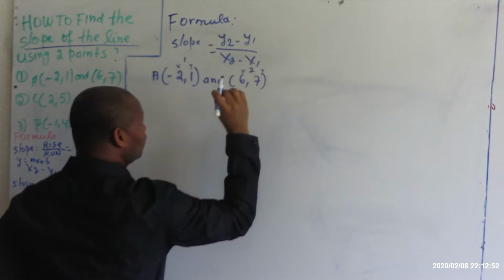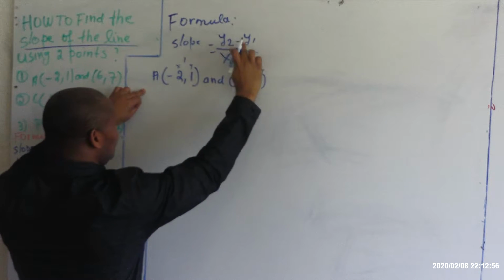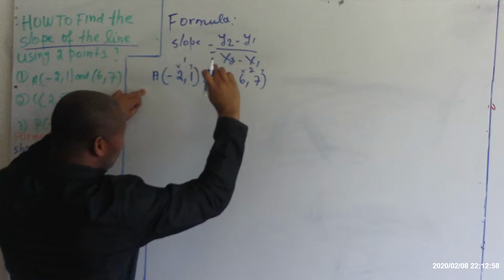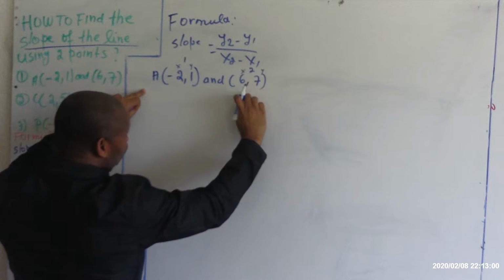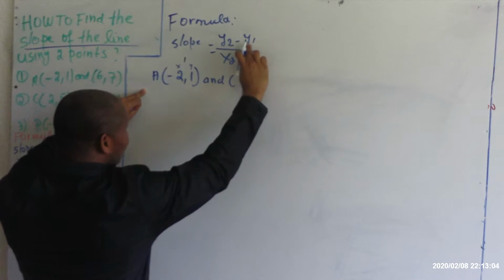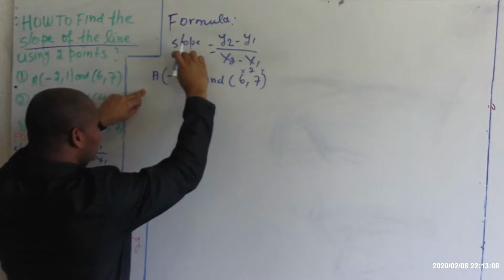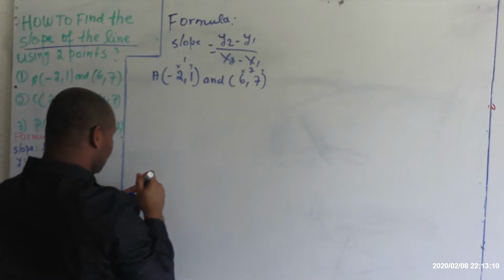That's the technique. So the formula is going to be y2 minus y1. When I say y2, that's going to be 7, minus y1. y1 is going to be 1, because this is the 1, this is the 2.